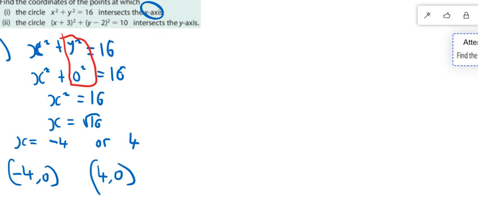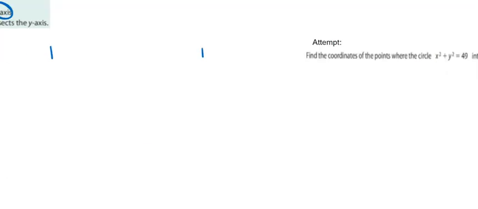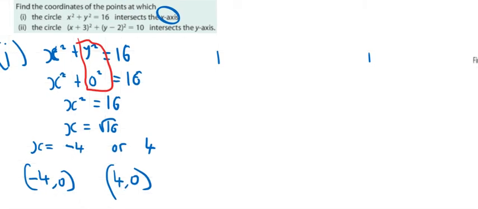Right, the second example then. So the circle (x + 3)² + (y - 2)² = 10 intersects the y-axis.